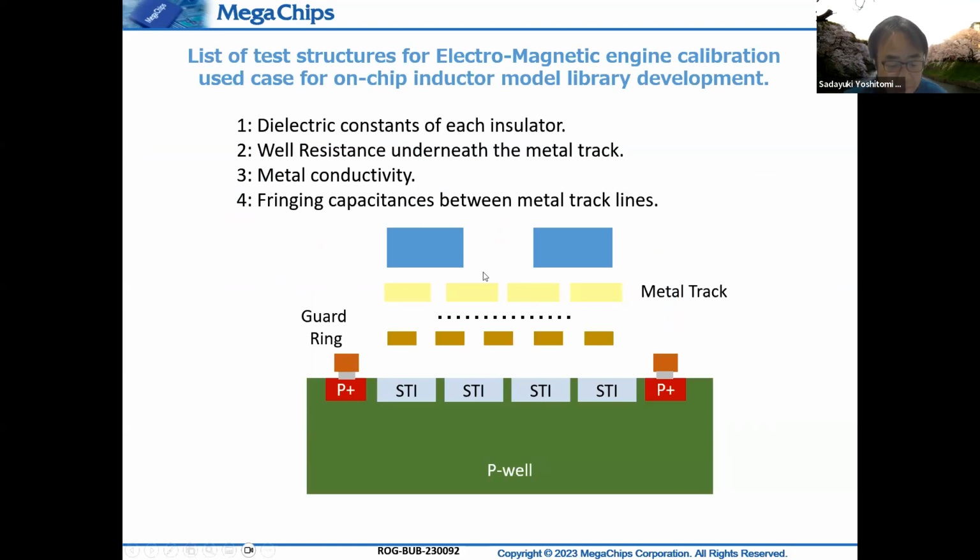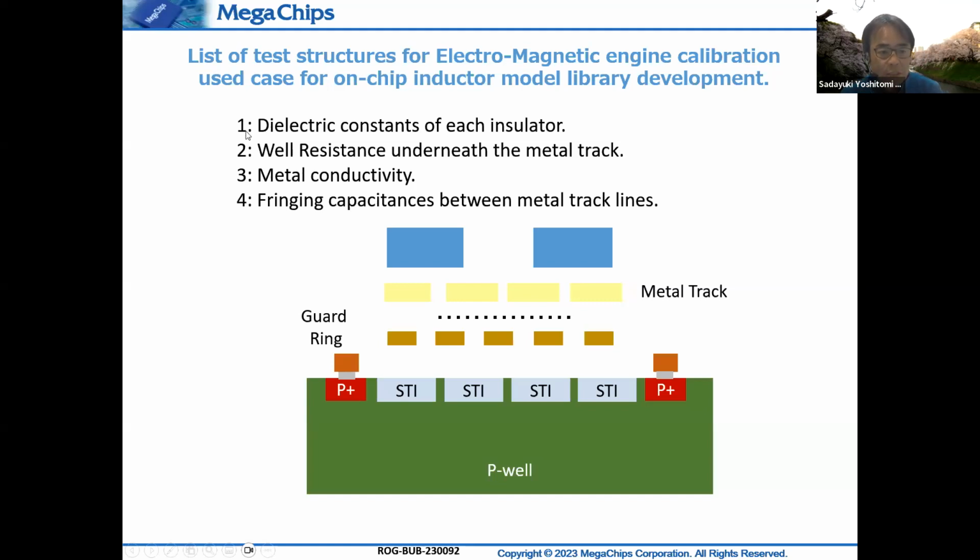So creating the environment for parasitic extraction requires comparing the actual test pattern measurements of the electric permittivity, wire resistance, interconnect layer resistance and fringe capacitances.